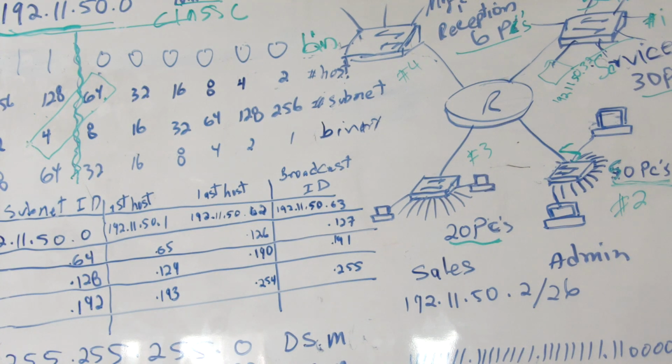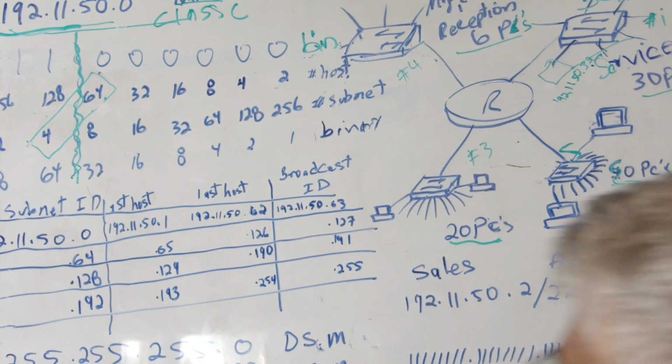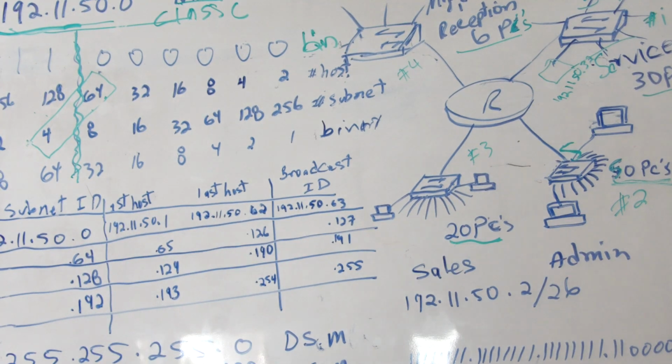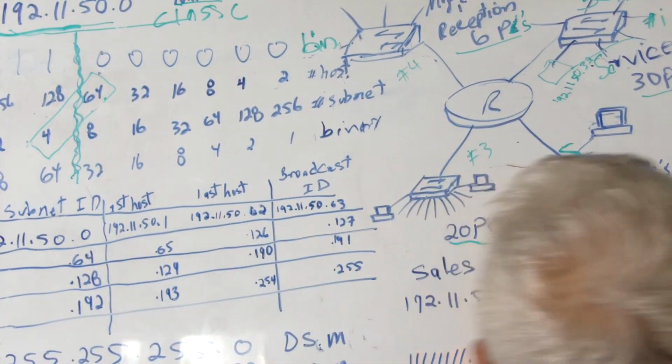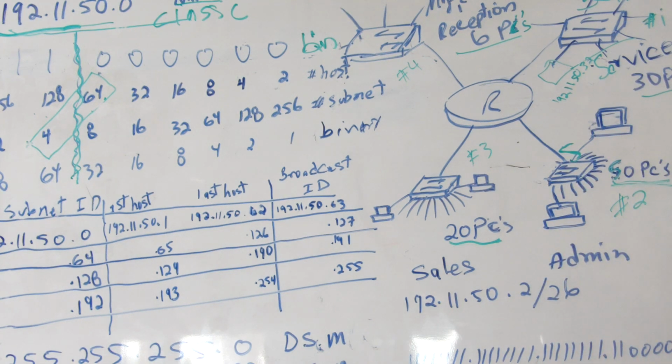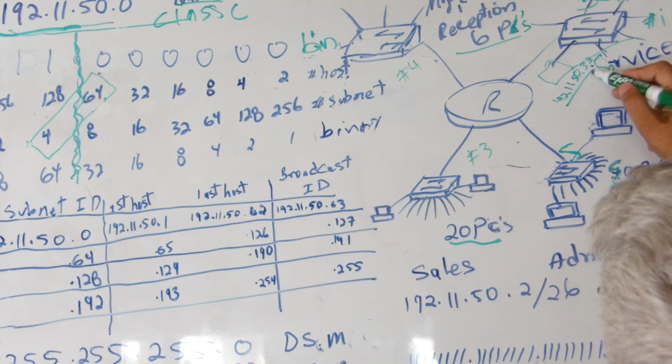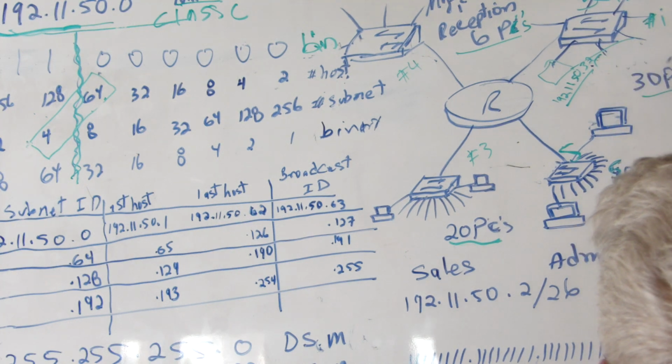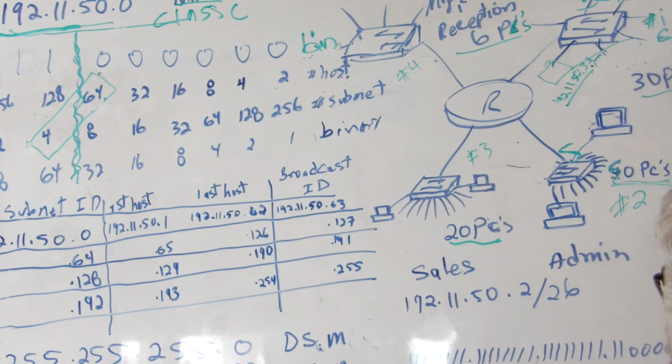Okay, now you see, what is the IP address for this? Because you have to show it, let me show you slash notation. We know this is service. Yes, service.